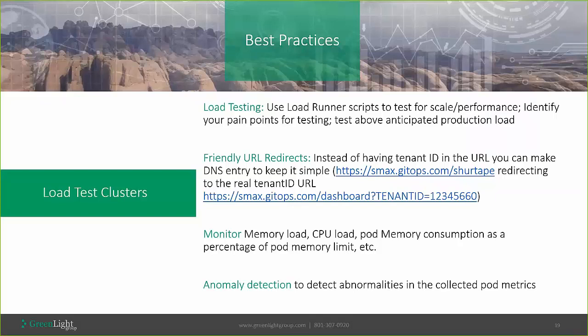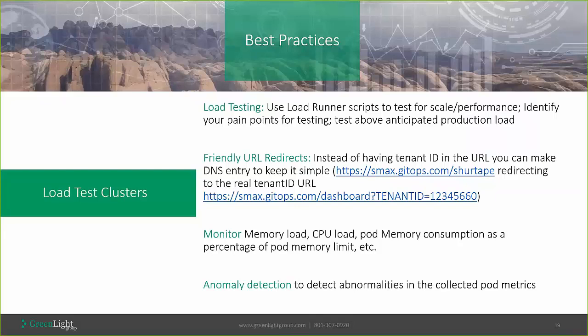Another thing that seems rather simple, but it's quite helpful, is friendly URL redirects. So rather than having, you can see down on my slide, the bottom URL there, it's rather long. That's kind of an out-of-the-box URL. It has that long tenant ID at the end. You can actually do DNS redirects so that it gets rid of all that, so that shorter URL is much easier to remember, especially if you have dev and production environments or potentially multiple test environments.